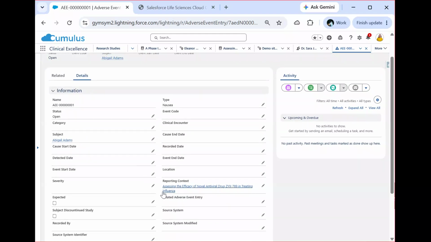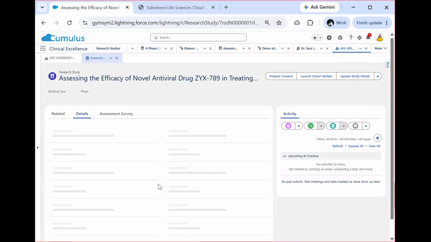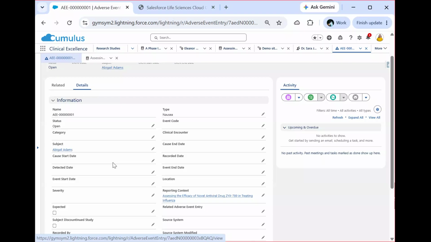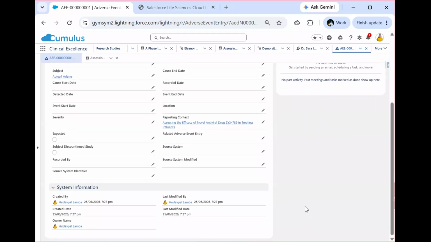It has got reporting context, let me open that, for which particular study this adverse event was tracked. Then this is with respect to which particular subject, and whether the status is open or closed. Then there are other fields also: detected date, start date, recorded date.